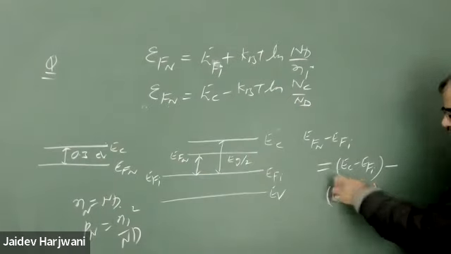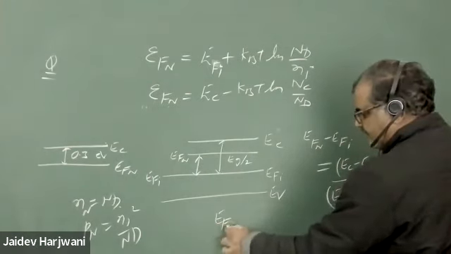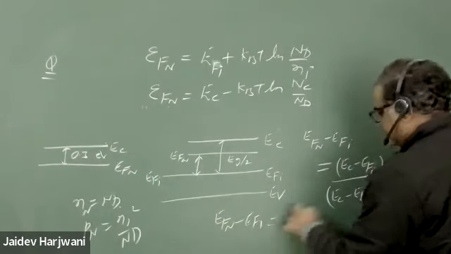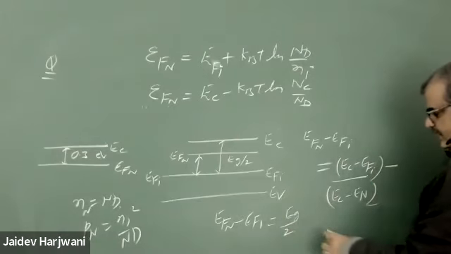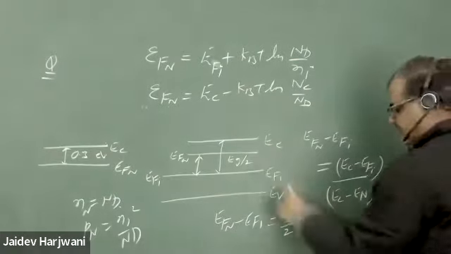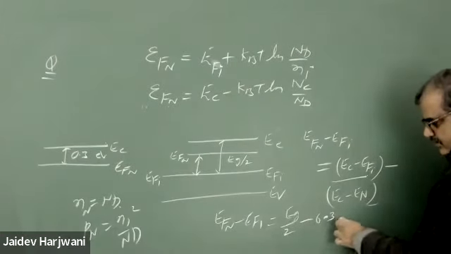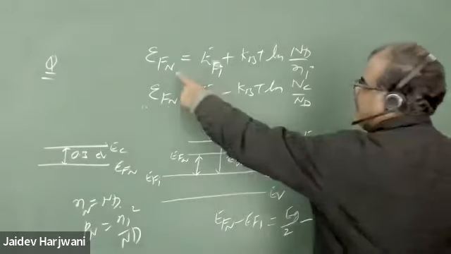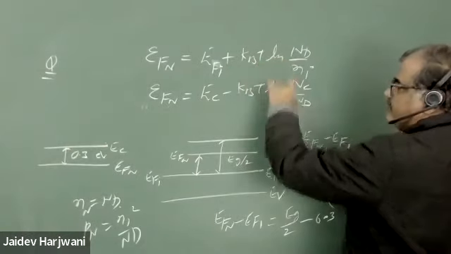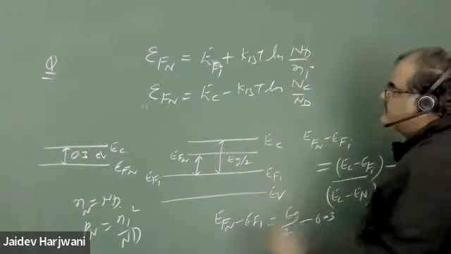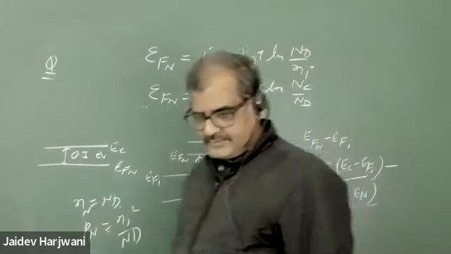Now this gap, EFN minus EFI, you already know: EG by 2, as EG is given. And this gap, they already gave you as 0.3 electron volt. So you can solve this one and find EFN minus EFI. Ni is given, KBT is given, T take room temperature, 300 Kelvin, and ND you can calculate. Once you know ND, you can find the hole concentration.